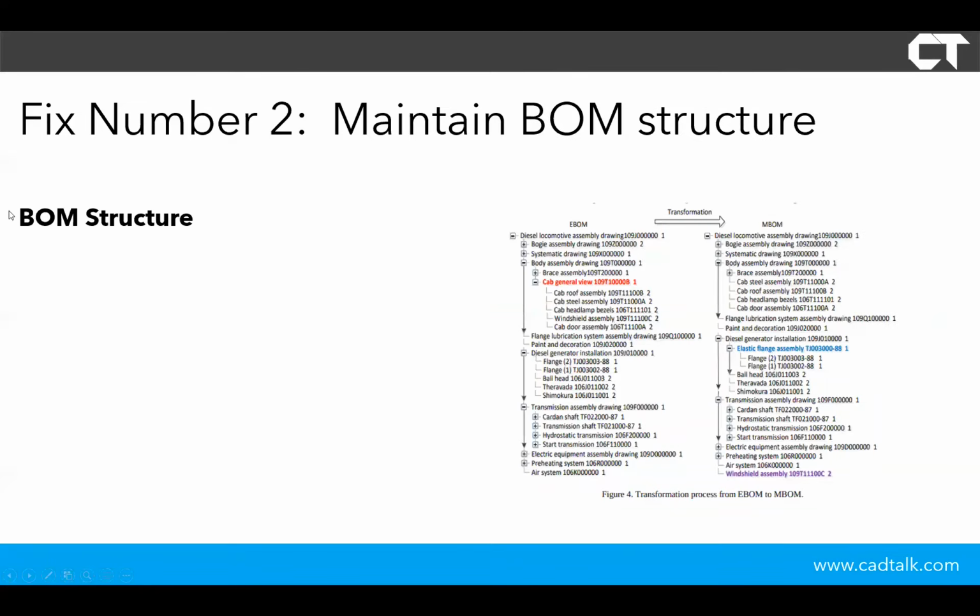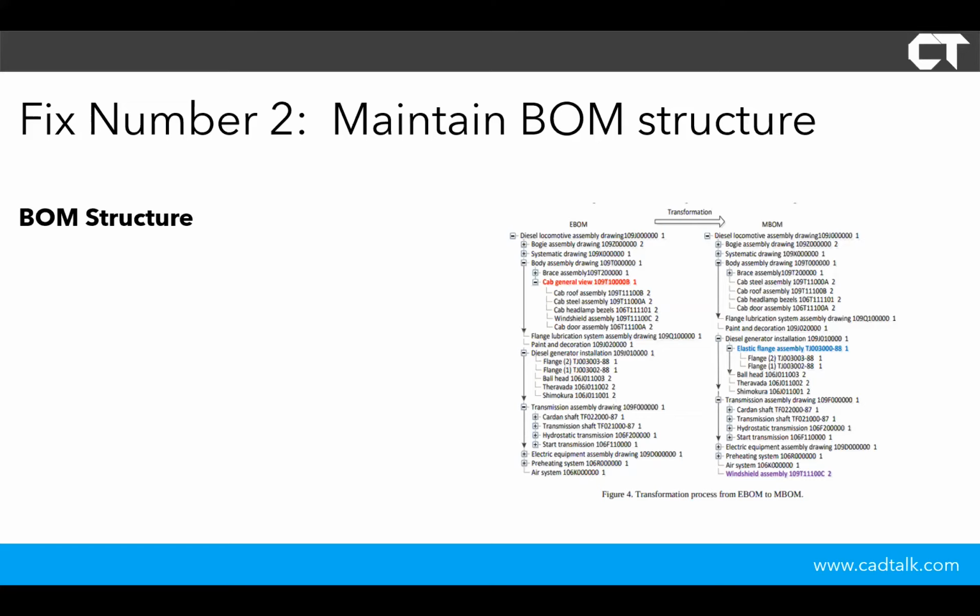Fix number 2, maintain the bill of material structure. So many complex products, like you see on the right-hand side, have a multi-layered tree-like bill of material, right? We sometimes call it an indented bill of material. They have subcomponents and sub-assemblies, so it has a sophisticated structure.